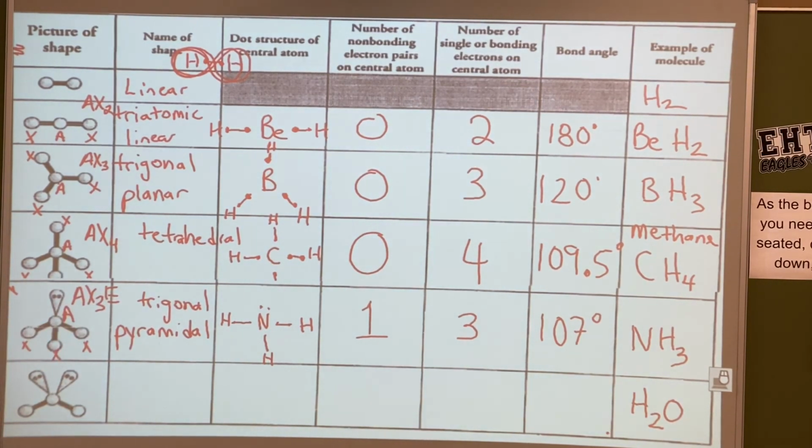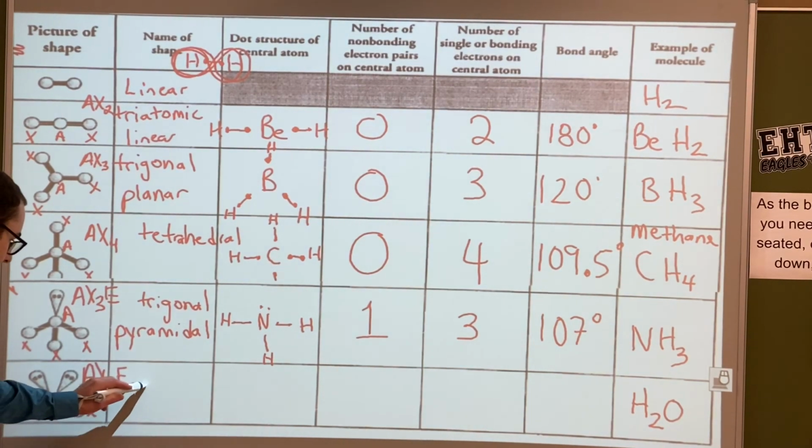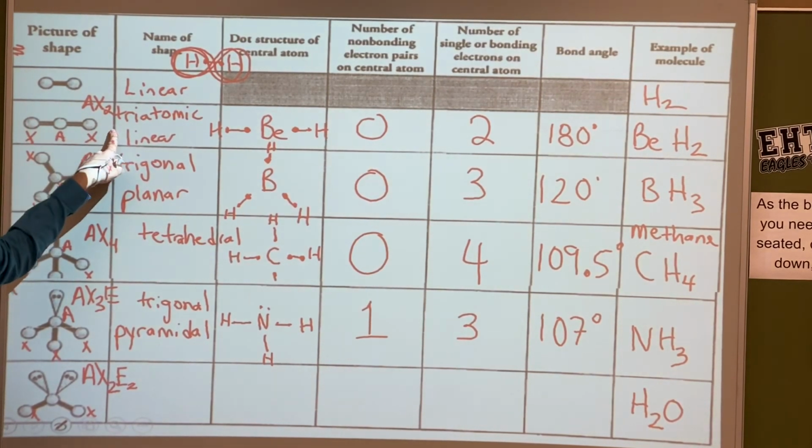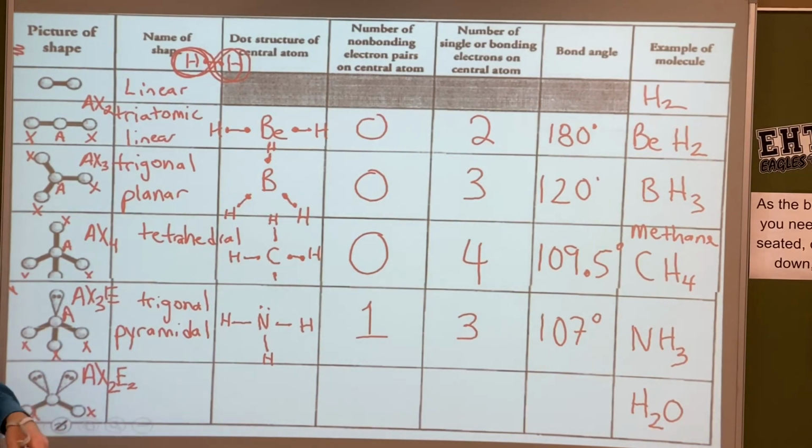Yes? All right, last one we have here is water. So, does it have an A? Yes. Does it have an X? Yeah, how many? 2, good. And then does it have E's? Yeah, how many? 2. So this is AX2E2, right? It has 2 of these electrons up here. As opposed to this one up here, which was just AX2, this one was linear, right? It's just straight across, linear. What's this one now?